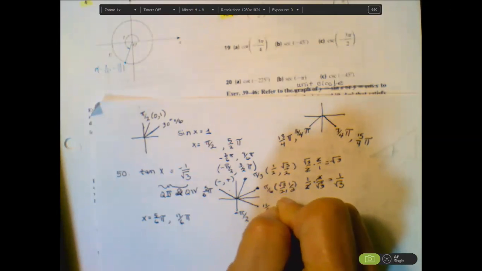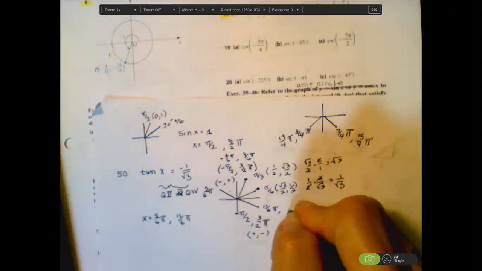What's another name for that angle? What's a name for it as a negative angle? I could name it negative what?